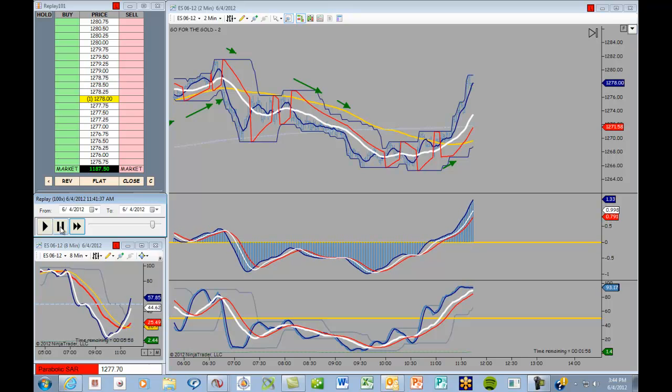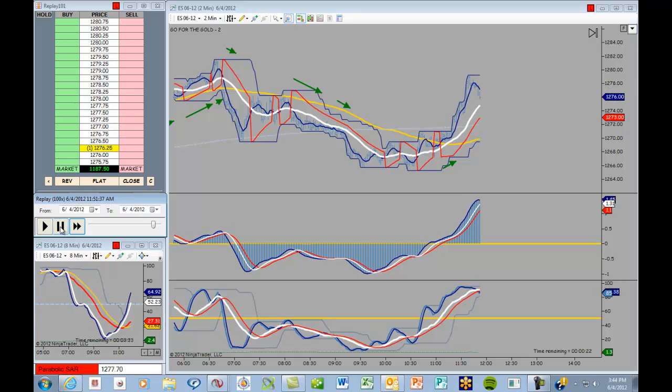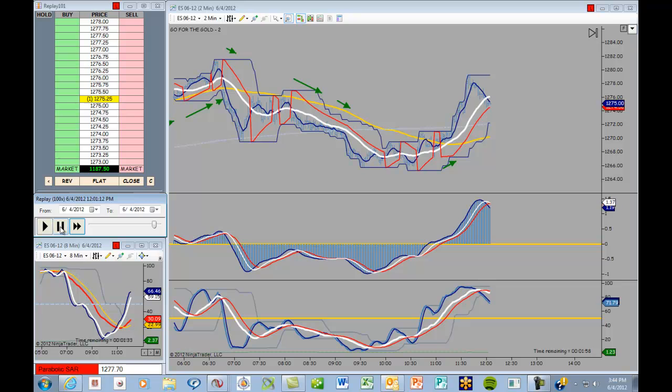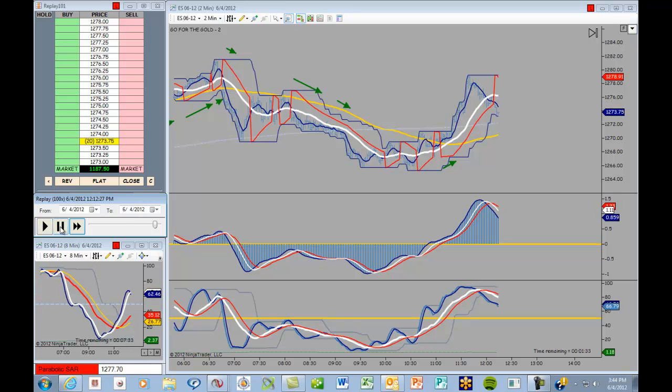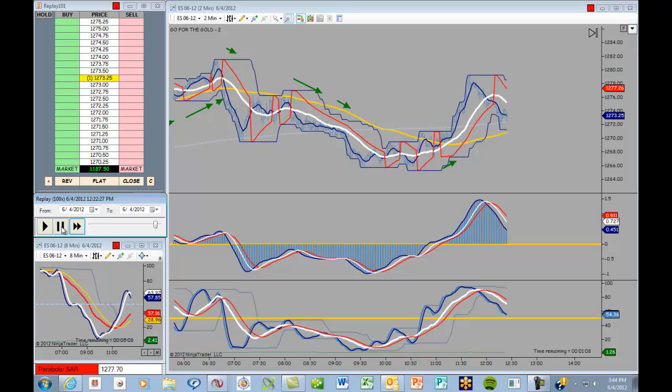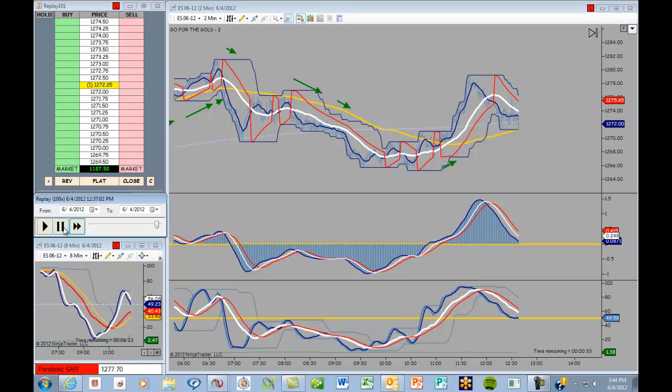Not getting much of a pullback here for a chance to take another bite of the apple. Okay, parabolic is flipped.